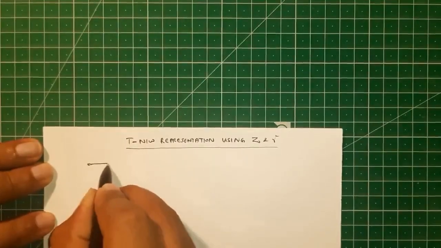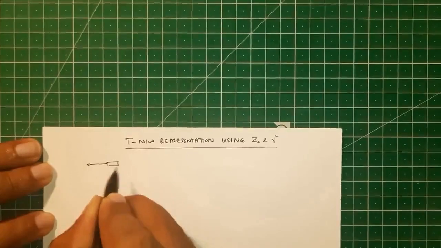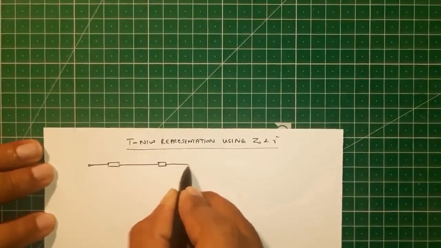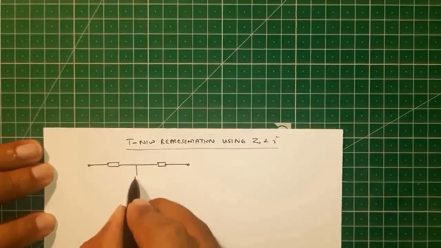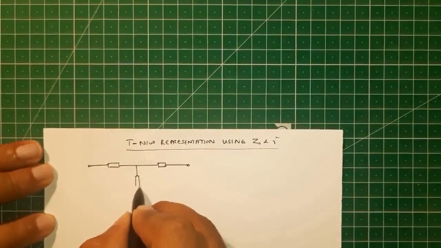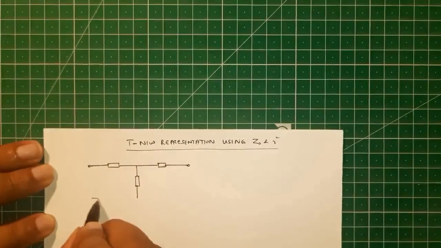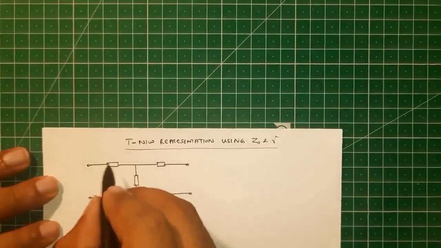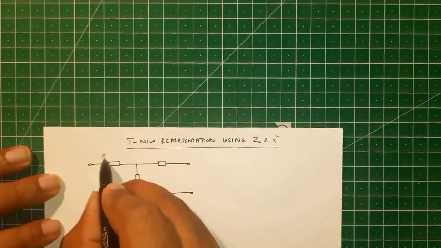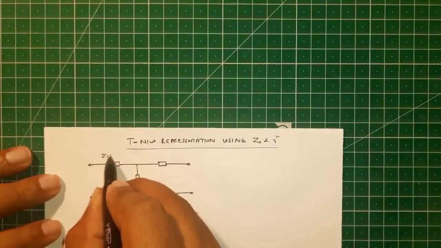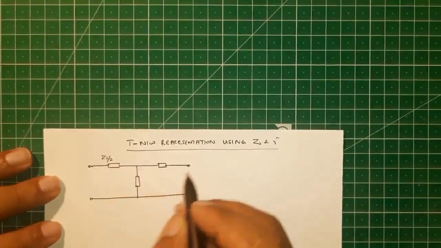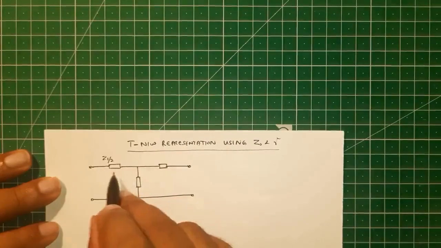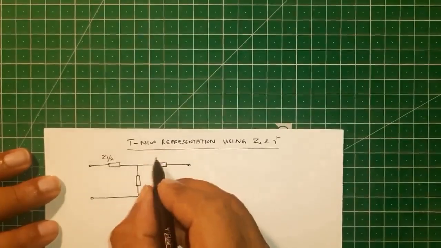So we have our T network, in which we have drawn the series impedance, total series impedance equal to Z1 by 2.